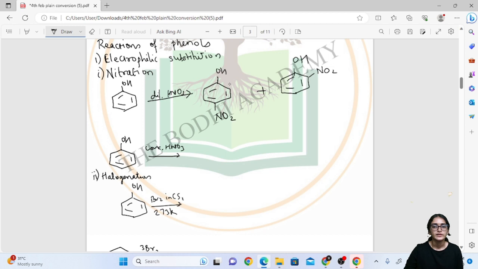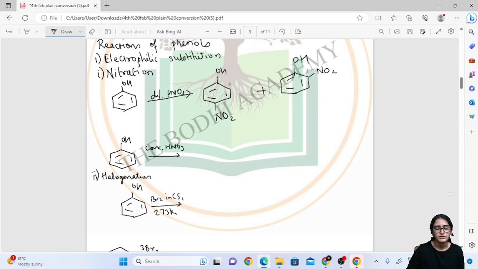We have already studied why we get ortho and para products when you carry out the electrophilic substitution. Because there is more electron density on ortho and para positions, that's why we will get only para and ortho product and not the meta product. Now here we get the mixture of ortho and para, but the major is para and the minor is ortho.